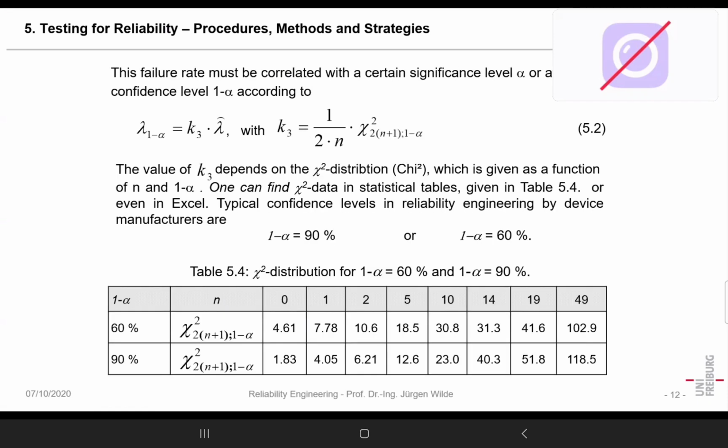And now the question is, when I have a test effort of 1 million sample hours, 1,000 specimens, 1,000 hours tested, that's 1 million. Now I have one failure here. What is the FIT number then?